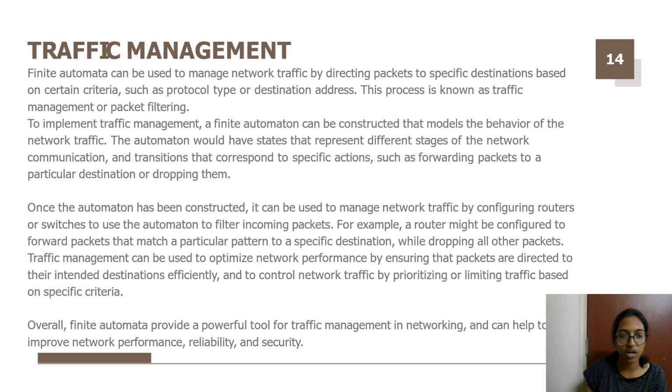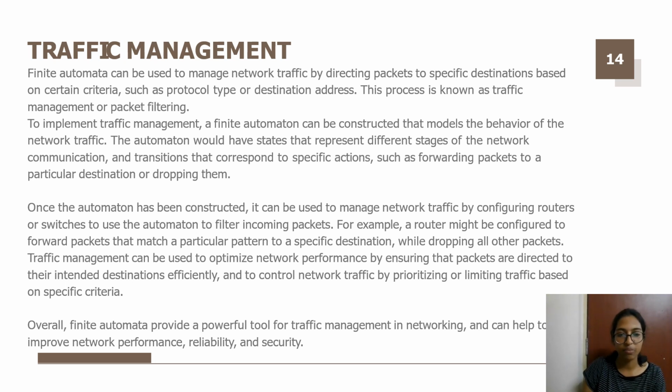Once the automaton has been constructed, it can be used to manage network traffic by configuring routers or switches to use the automaton to filter incoming packets. For example, a router might be configured to forward packets that match a particular pattern to a specific destination, while dropping all other packets.